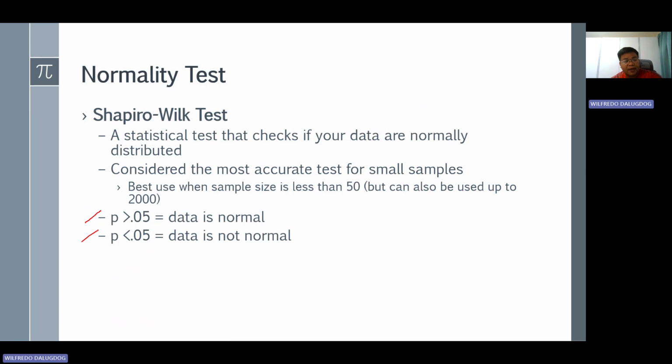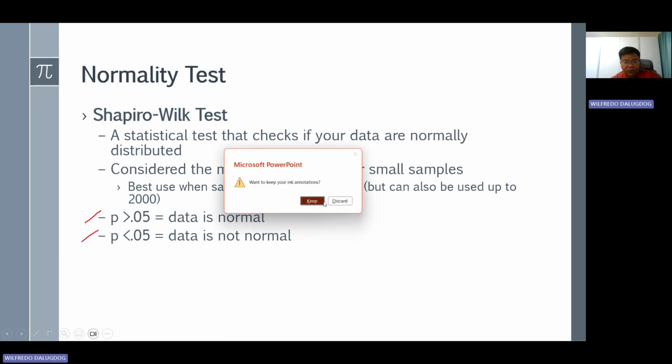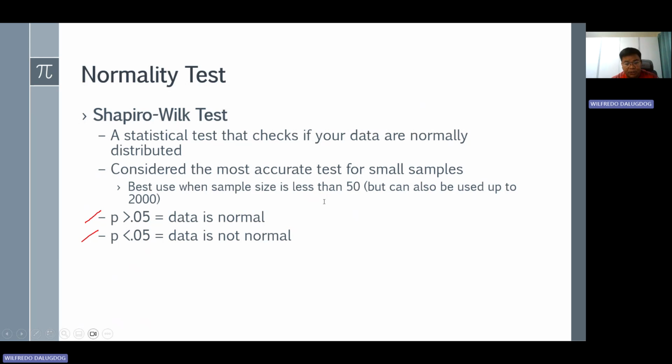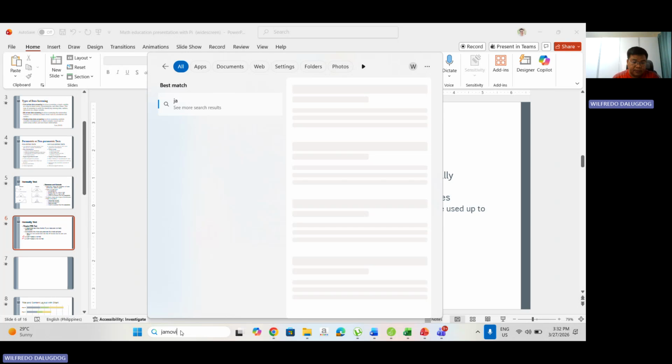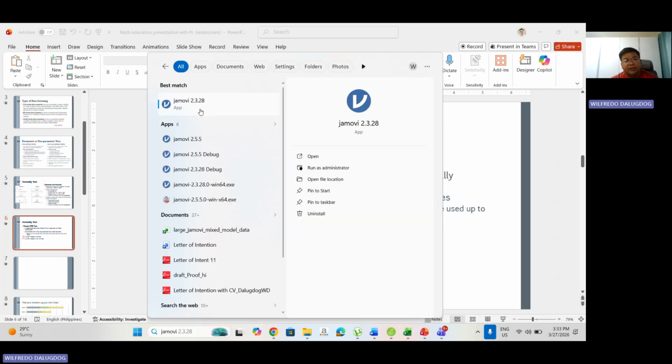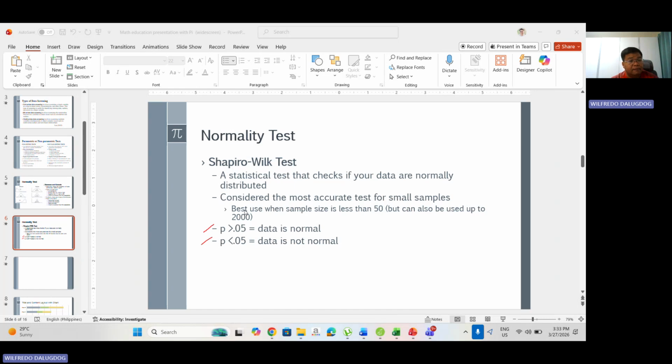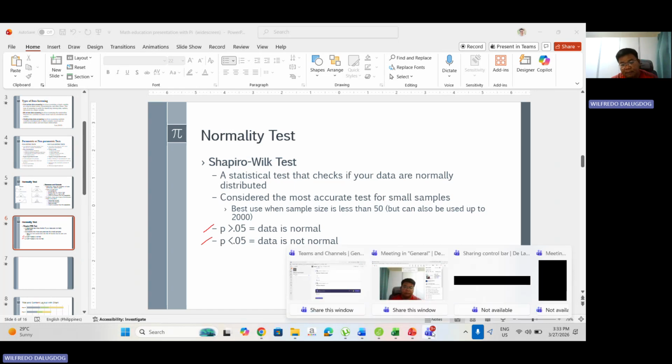So to give you an idea of how to compute it using Jamovi, let me open first the Jamovi that I installed in my laptop.